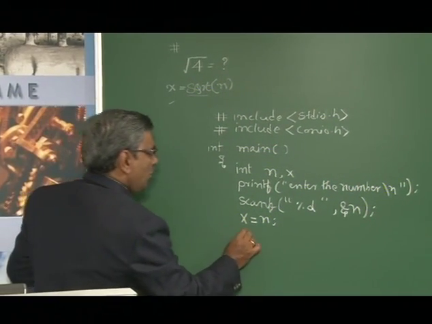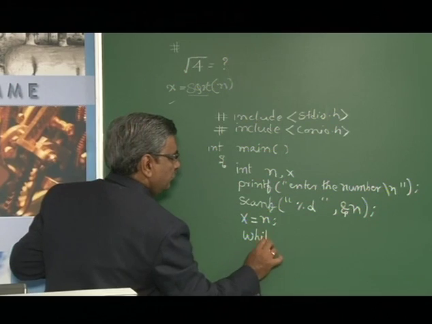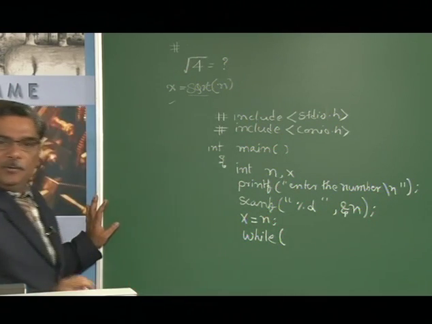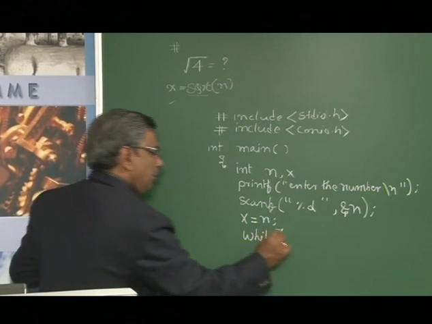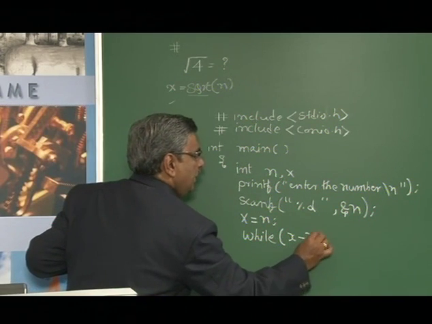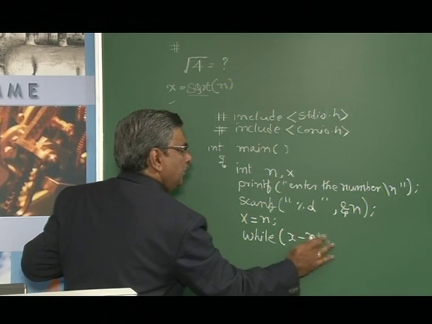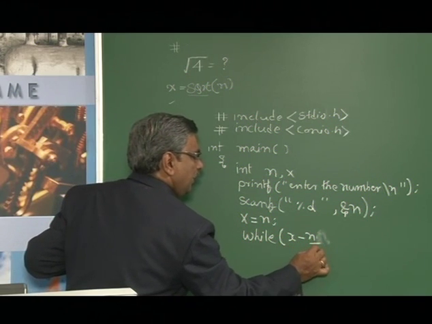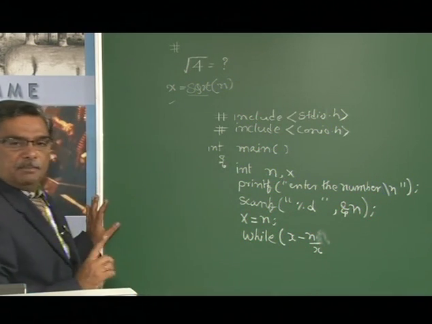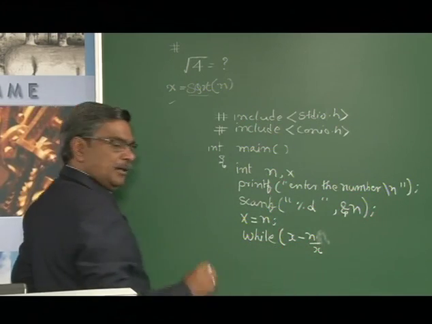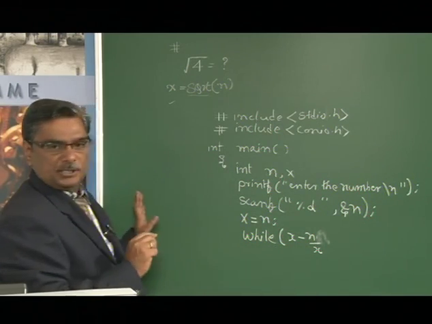Now you introduce the while loop, while x minus n by x. Sometimes while writing the program, students write it like this. It is bad practice because it is a mathematical division statement, not a computer statement.